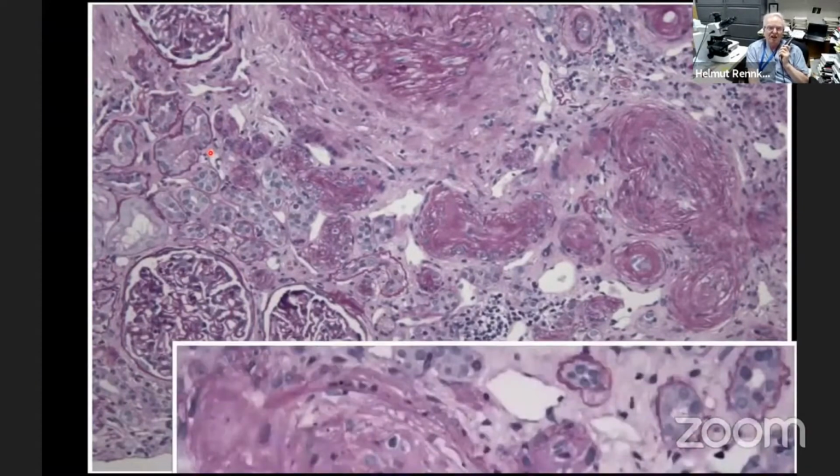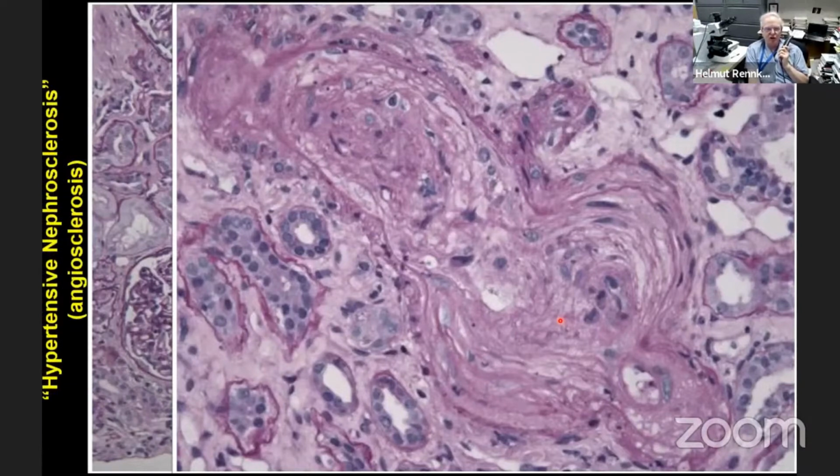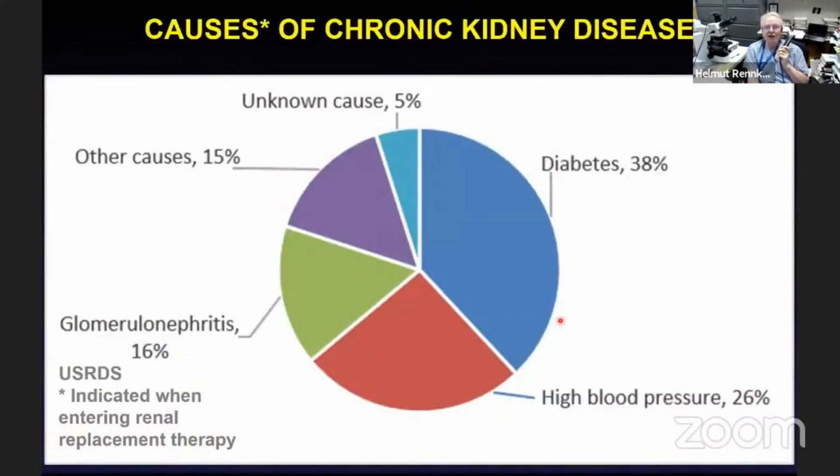And when we see this, and especially when we also see onion skin lesions, the remodeling that occurs in the smaller arteries and arterioles, then we feel compelled by history and by tradition to call this hypertensive nephrosclerosis or nephroangiosclerosis. And this, of course, makes it then into the diagnosis, as if the high blood pressure is the cause of about 25% of patients that reach end-stage kidney disease and enter replacement therapy.